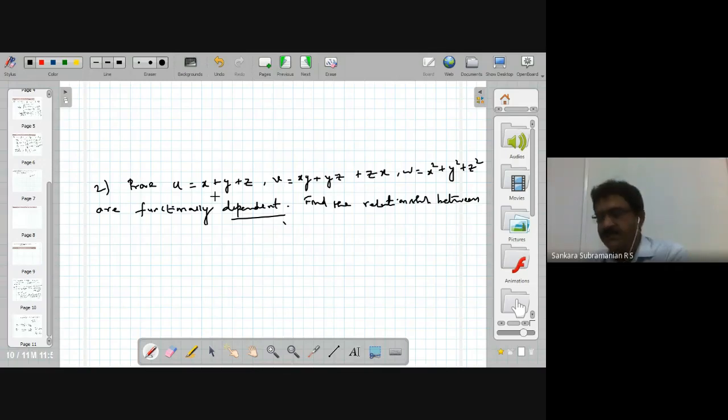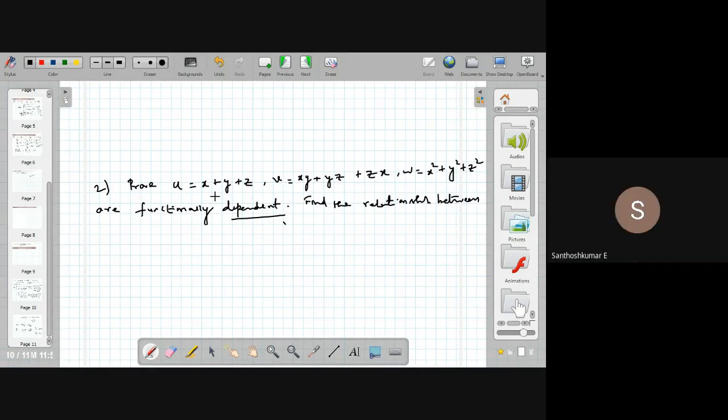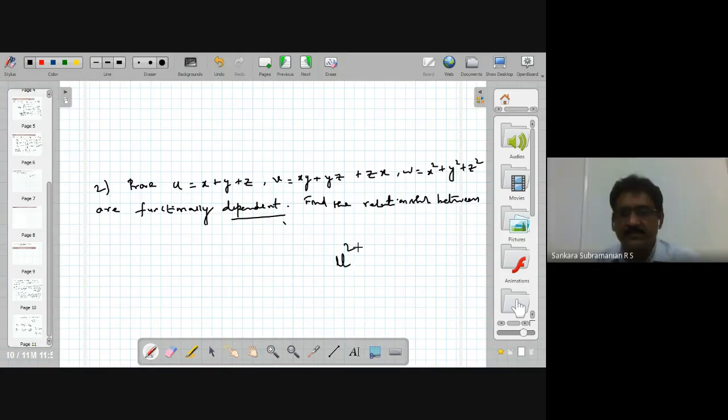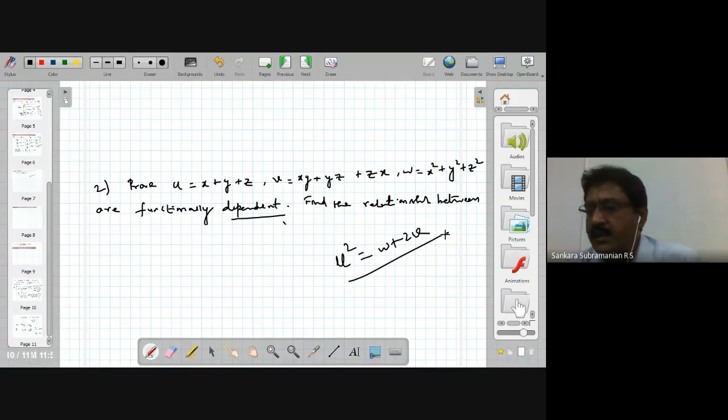If you find the Jacobian, you can see that it will be 0, and the answer is u square equal to w plus 2v. You can write like this. Therefore, you can say they are dependent.